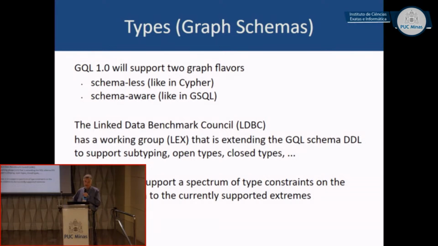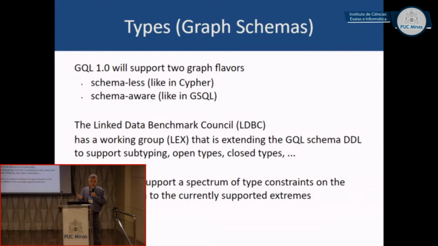In addition, there is in the Linked Data Benchmark Council a working group called LEX, which is extending the current design of GQL schema into a much more sophisticated type system that supports open types. So I can say customers have a name and they have a credit rating, but they might have other attributes that I'm not bothering to list here, very much in the semi-structured vein.